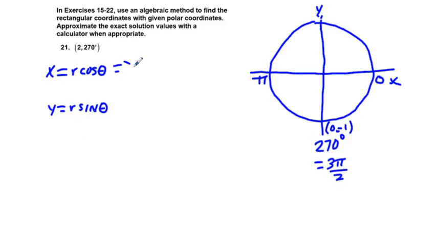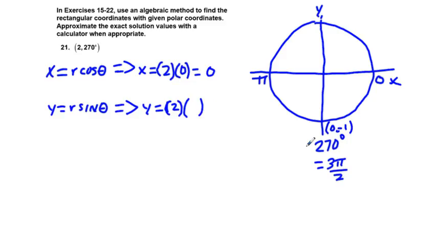So in this case, we have x is equal to r, and the given r we have is 2, and the cosine at 270 degrees is this x value here, 0. And that is going to be equal to 0. So our x-coordinate is 0, and our y-coordinate is equal to 2, our r, times the sine of 270 degrees, or 3 pi over 2, which is -1.